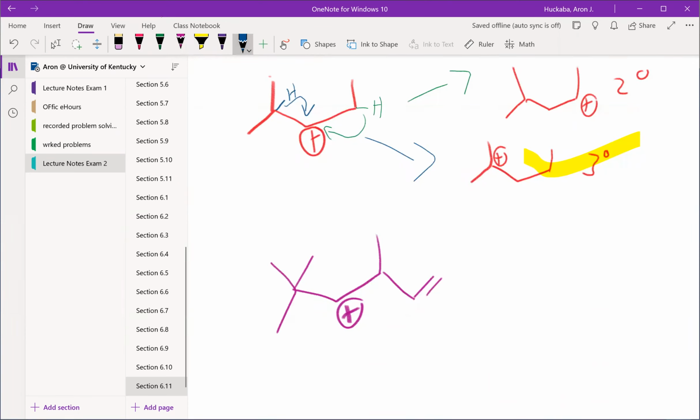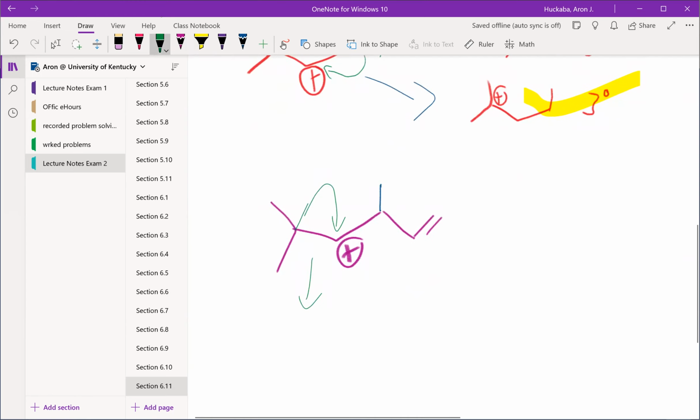So you have two different methyls here. You have this methyl group, and you have this methyl group here. If the one on the left does a methyl shift, a 1,2 methyl shift, then you end up with a secondary carbocation, which is fine.